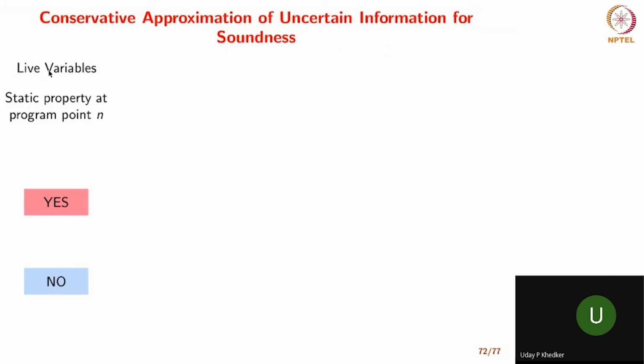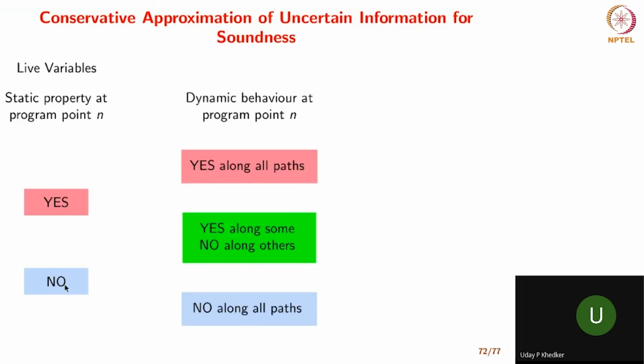So let's talk about live variables analysis. This is a static property at a program point n, and there are two possibilities. For a given variable, a variable is live or it is not live. Whereas the dynamic behavior at a program point is yes along all paths, no along all paths, or yes along some paths and no along other paths.